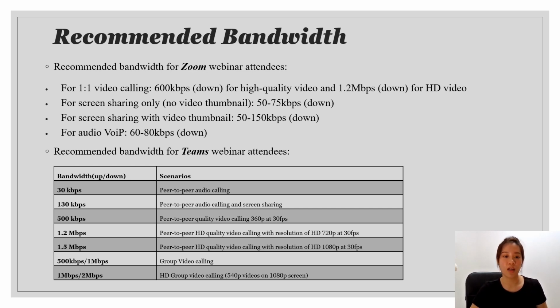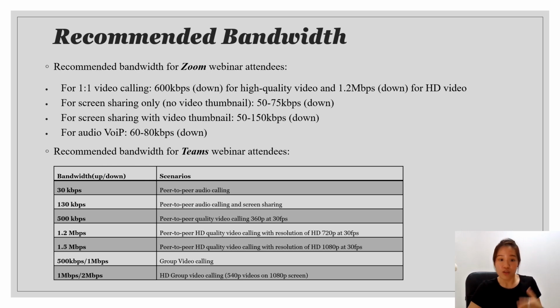So for Zoom, if let's say today's lecture classes only consist of audio calling without any camera video conferencing, if it's only audio meetings, Zoom only requires 60 to 80 kilobytes per second up and down.